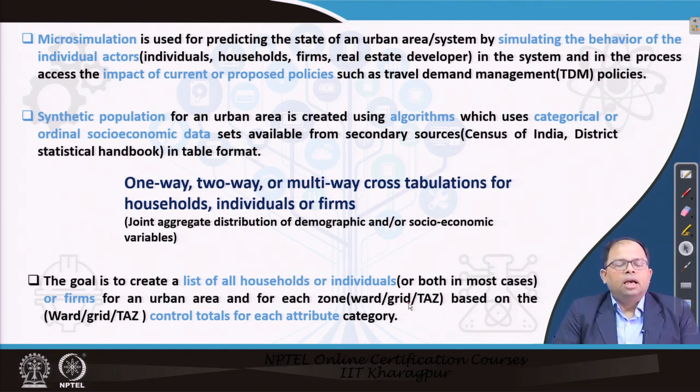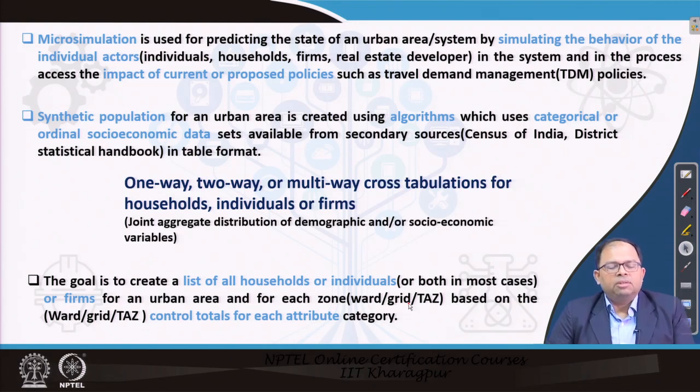So, when we are doing micro simulation, we predict the behavior of each individual, and based on that behavior we can see how it impacts travel demand, and the impact of the different policies that we can introduce to manage travel demand could be evaluated.